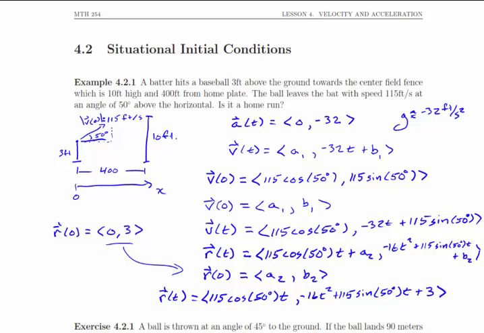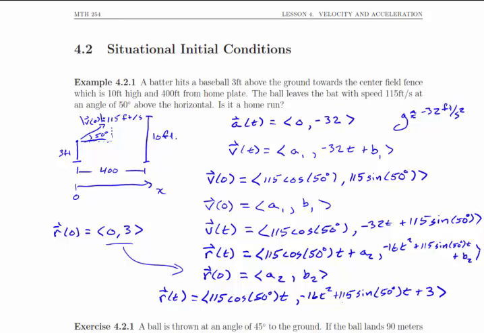Great. What we want to know is, is this a home run? This pen definitely writes too big on this screen. What we want is essentially to find how long it's going to take for the ball to get 400 feet out in the horizontal, and then plug that time in for our y component to see if it is strictly greater than 10 feet, right? We don't want it to hit that edge of the fence.